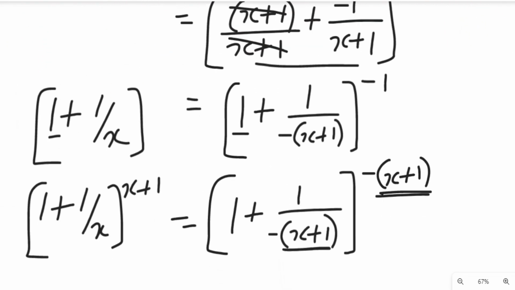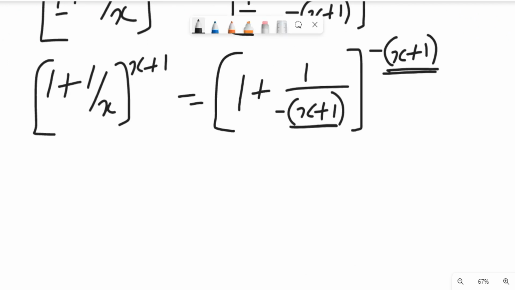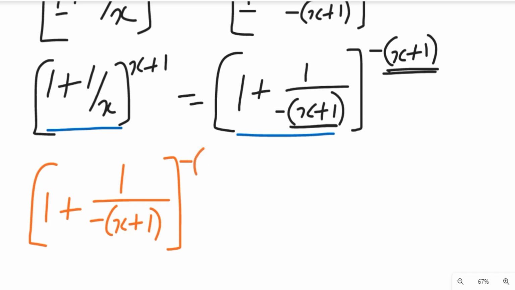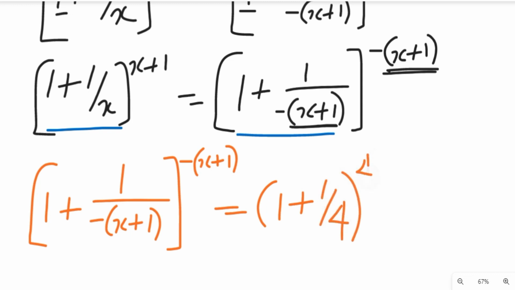If we equate that whole value, having realized the fact that this is now equal to this, we can now say that this expression 1 plus 1 divided by minus x plus 1 all to the power of negative x plus 1 is equal to the right hand side, which is 1 plus 1 divided by 4 all to the power of 4.